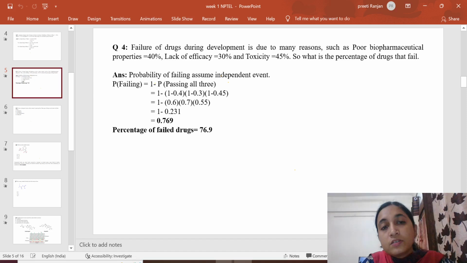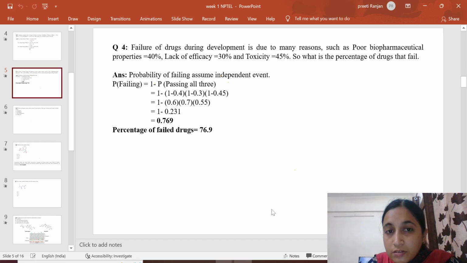76.9. And here we have to consider all these properties as independent events. Then only we can calculate what percentage of drugs failed.